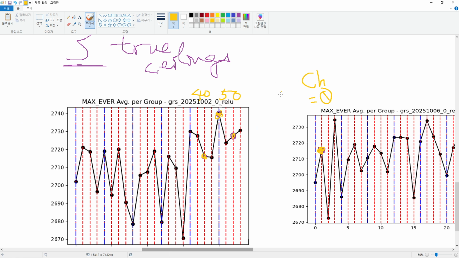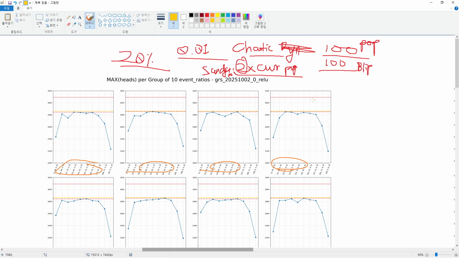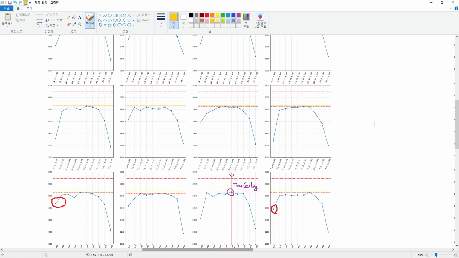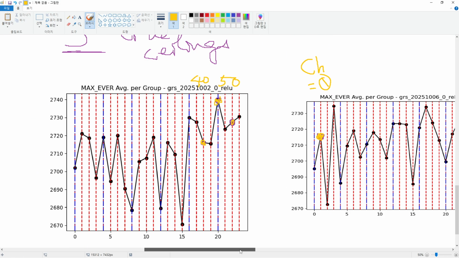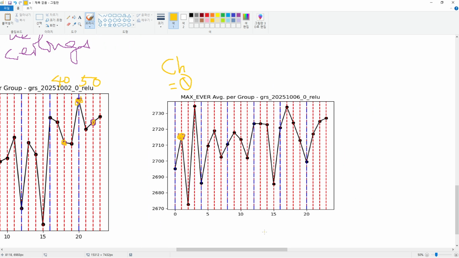So it really is based on luck, or luck plays a crucial part in this, especially when the population size is so small compared to before, which used to be about at least 400.